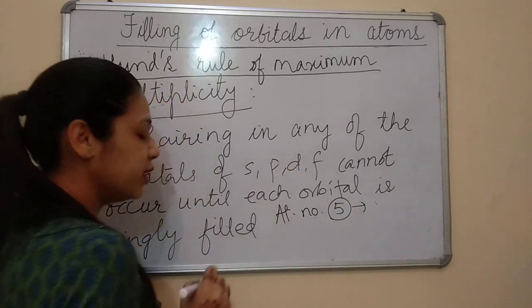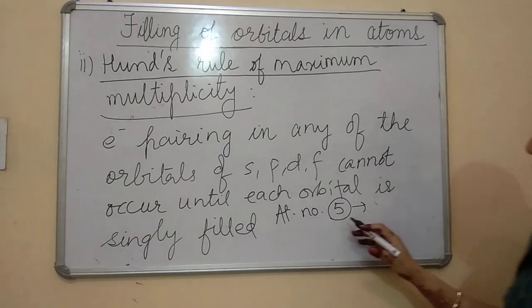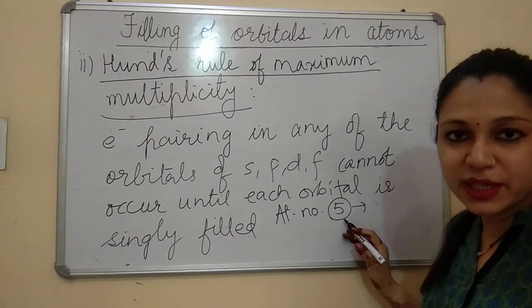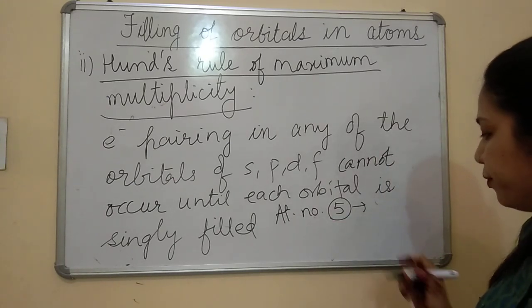We'll have 5 electrons, because atomic number gives us the number of electrons present in any atom. So here the atomic number is 5.